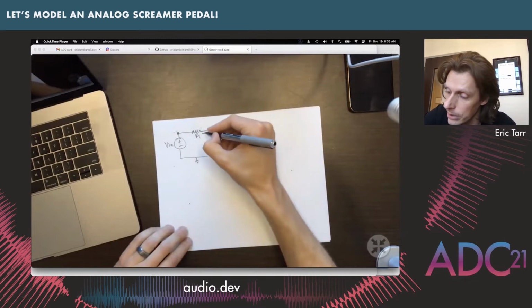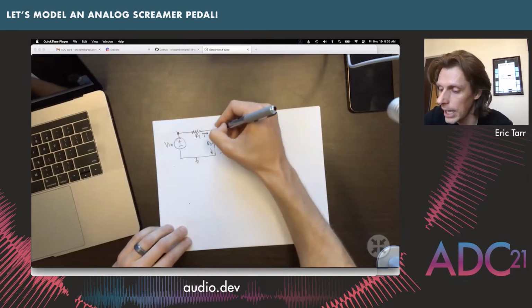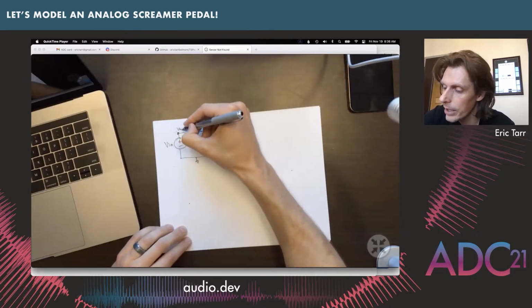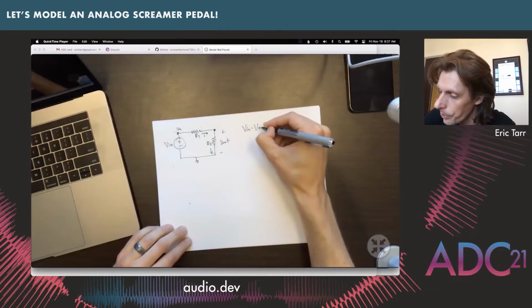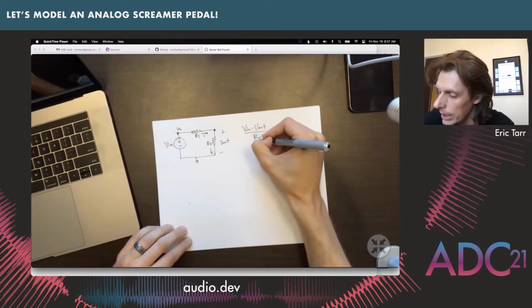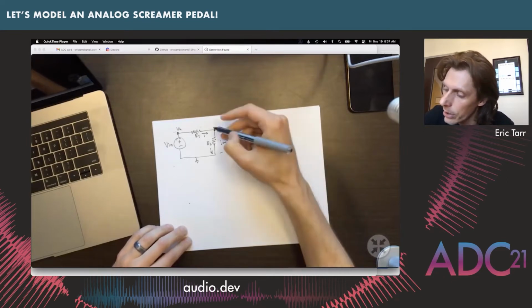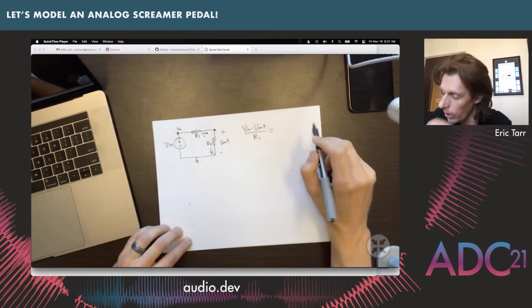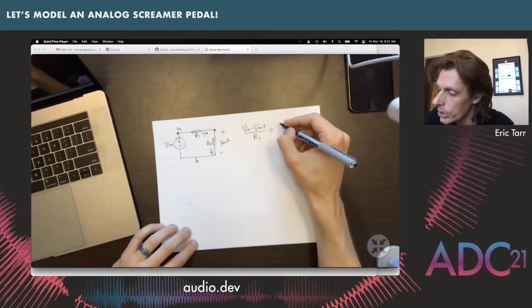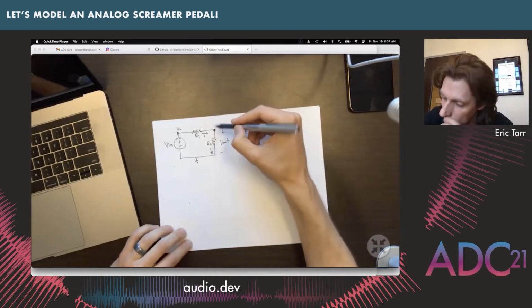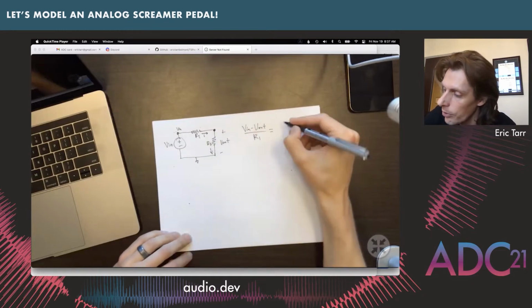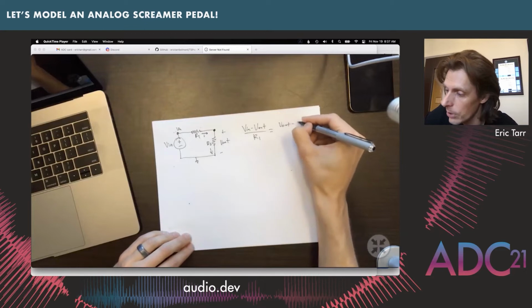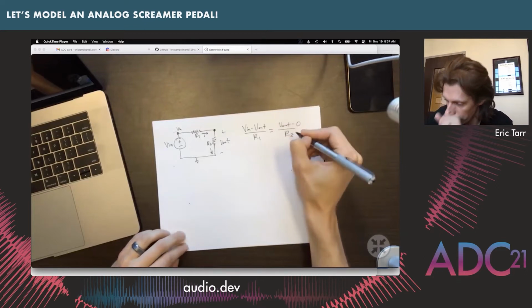So the current going this direction, which was V in to V out, V in minus V out over R1, is equal to the current going this direction through our circuit, where our voltage drop is from this point here, our V out, down to ground. So V out minus 0 over R2.